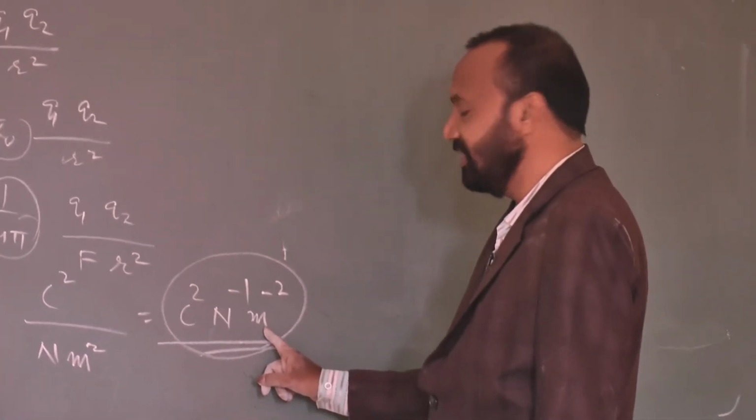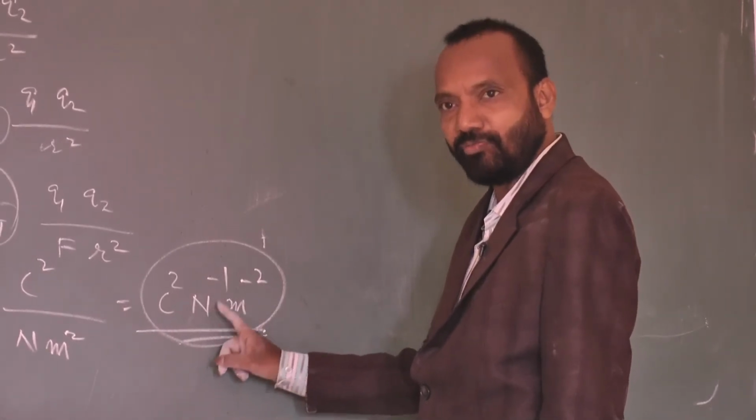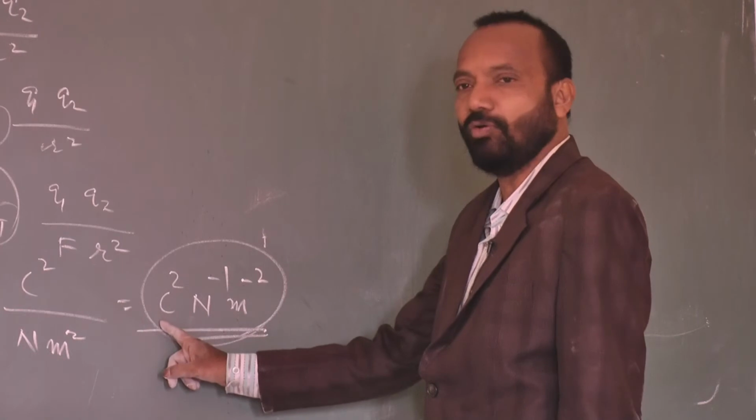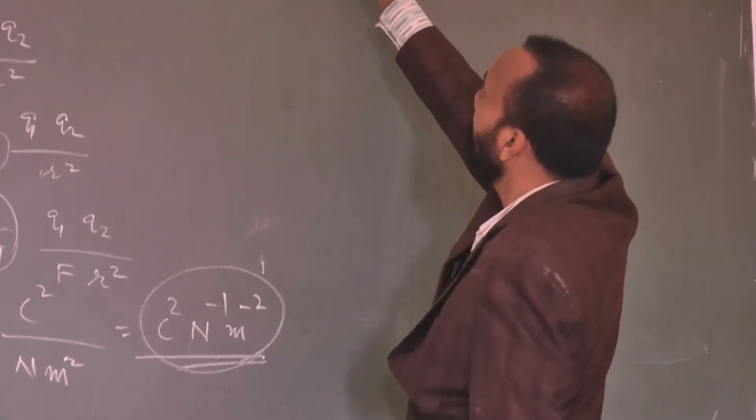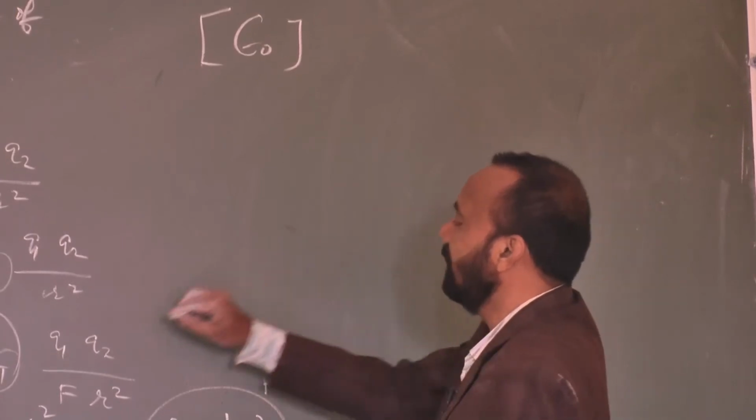It is the standard international unit: meter is the fundamental unit of distance, Newton is the unit of force, and coulomb square. Now, we will use it for the dimensional formula of epsilon naught.